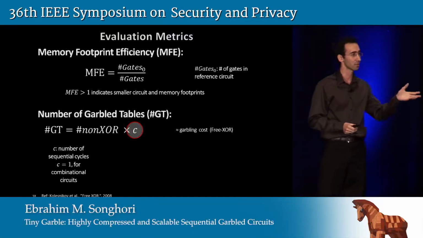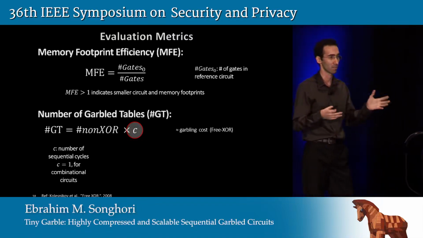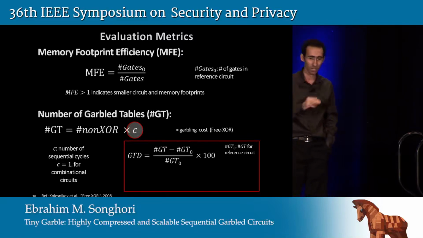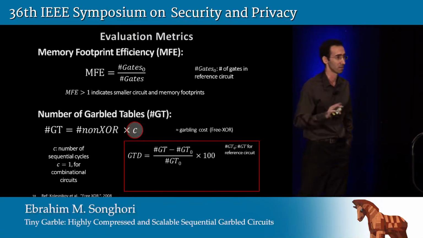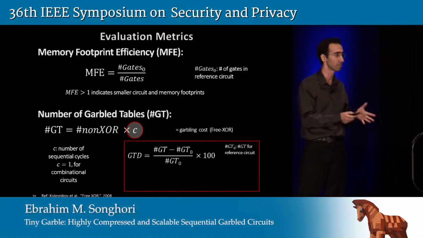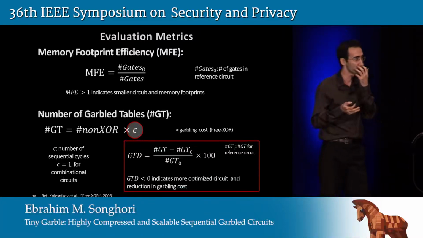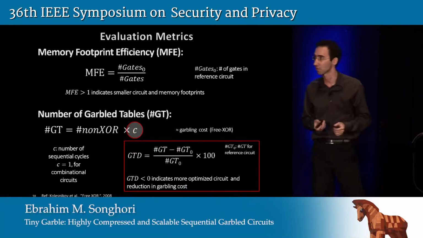And it's a very, very good estimation of the cost of garbling and evaluation. So we look at the GT difference as a percentage to see if the circuit is more optimized or less optimized. Negative GTD means the circuit has a lower number of non-XORs.